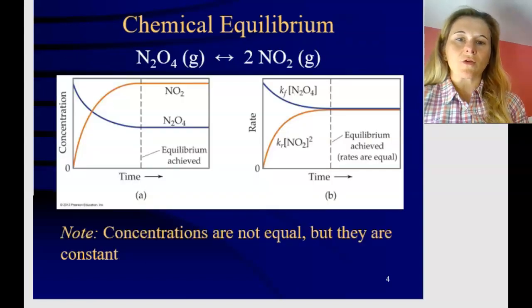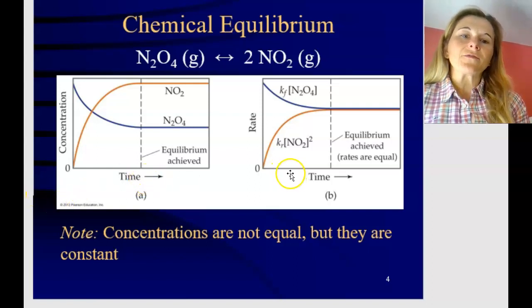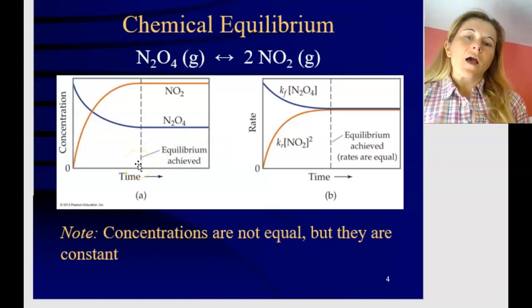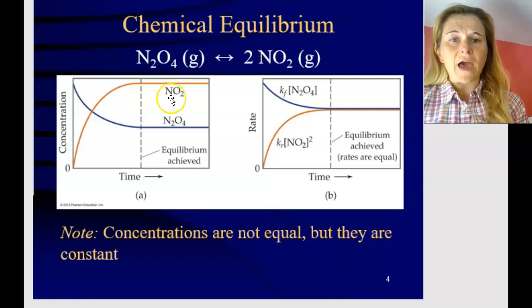So let's look at this with some data. Give us some concrete things to look at here. So we have two different graphs, and we're looking at this chemical formula right here. We have N2O4 in gas form breaking down into nitrogen dioxide and creating 2 moles of that.